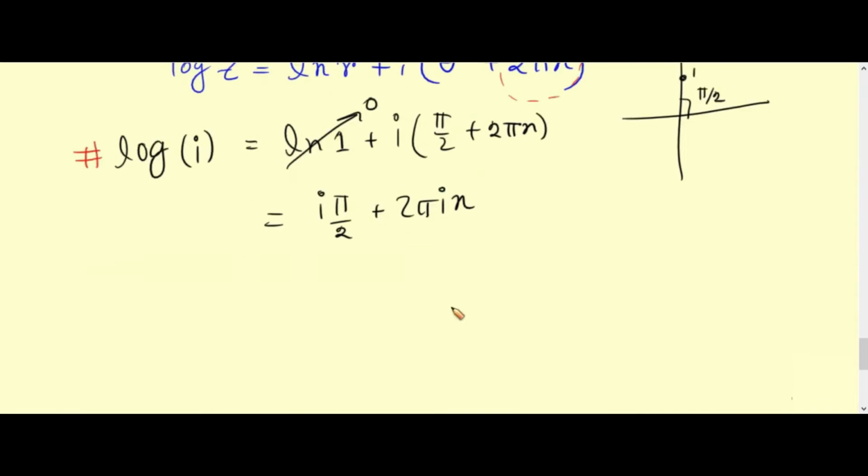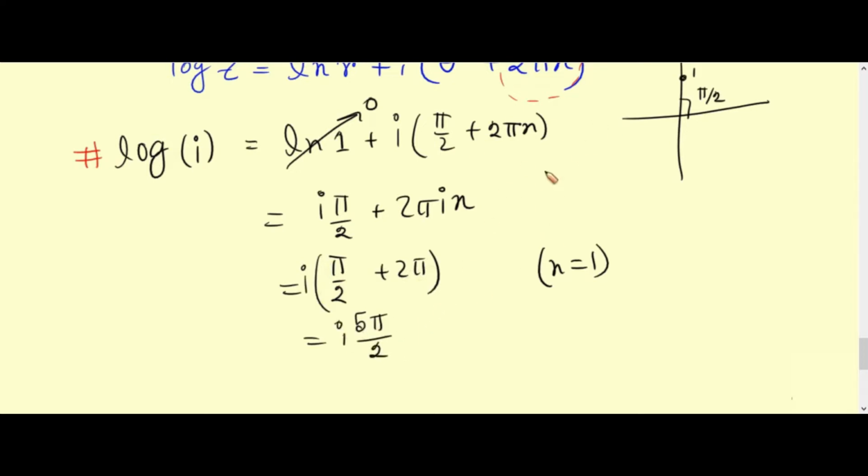Now let's take n equals 1. It's pi by 2 times i plus 2 pi, and this will be 5 pi by 2 times i.